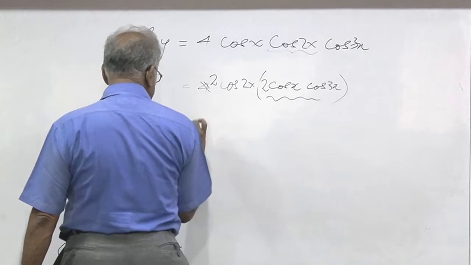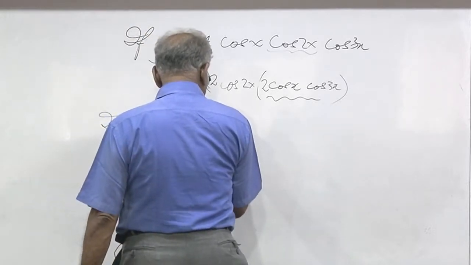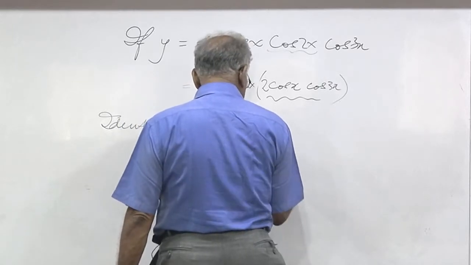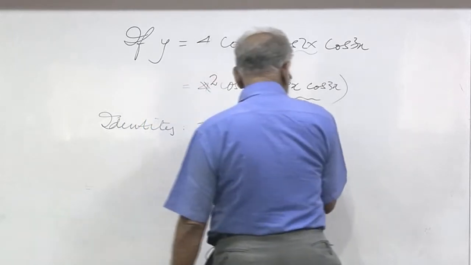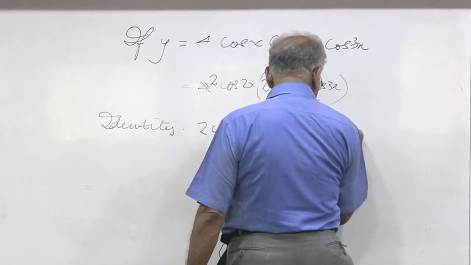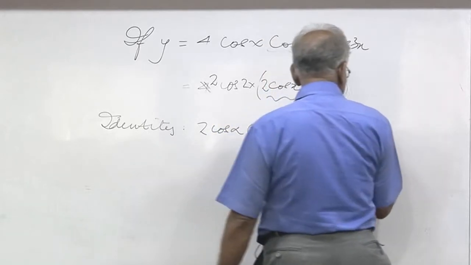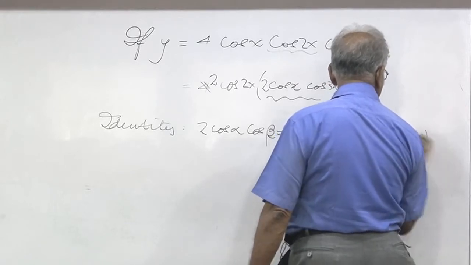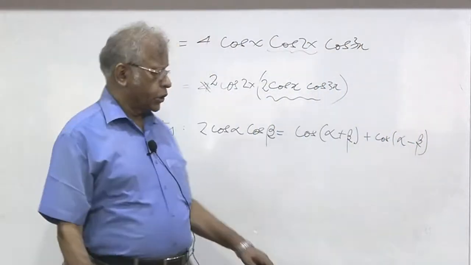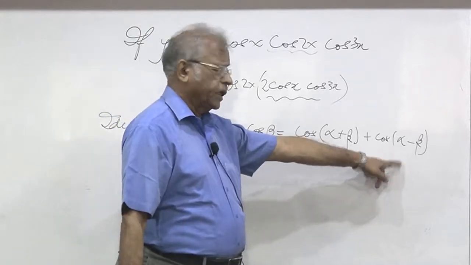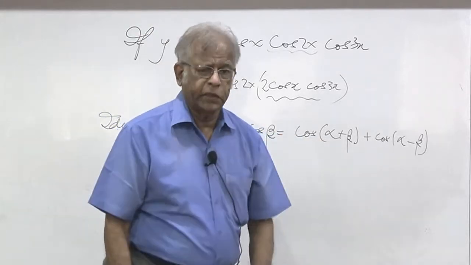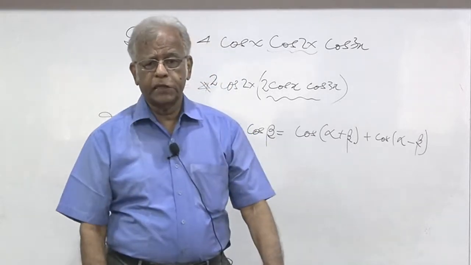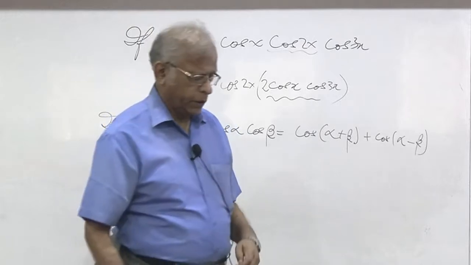It's an important identity: 2 cos alpha cos beta is equal to cos of sum of the angles plus cos of difference of the angles. One might question here, why not cos beta minus alpha? The answer is very simple. Cos of alpha minus beta and cos of beta minus alpha is the same, because cos of minus x is the same as cos of x.